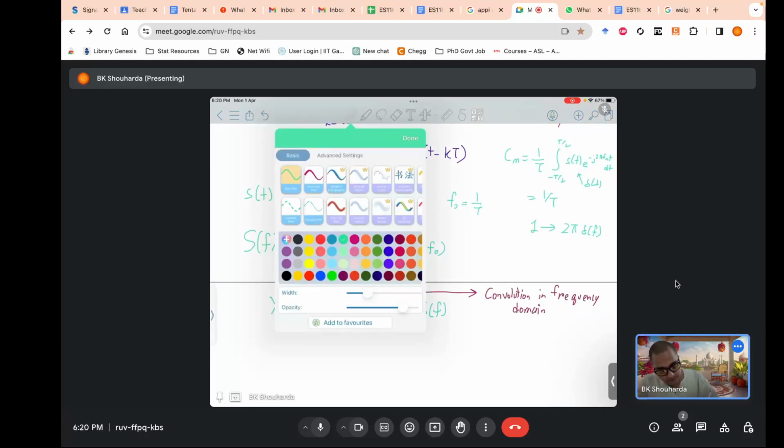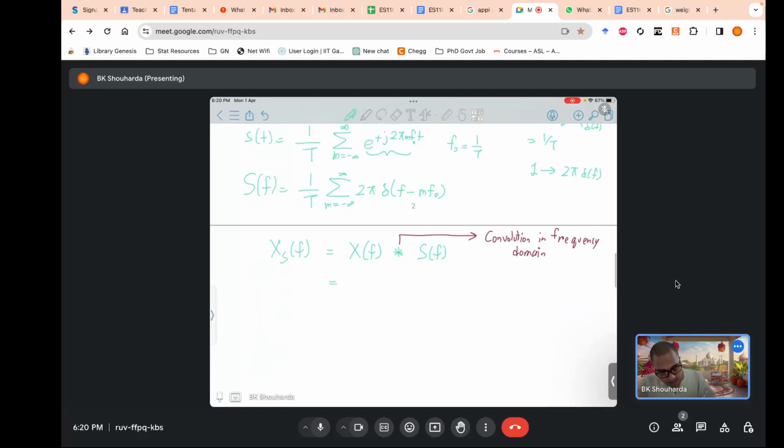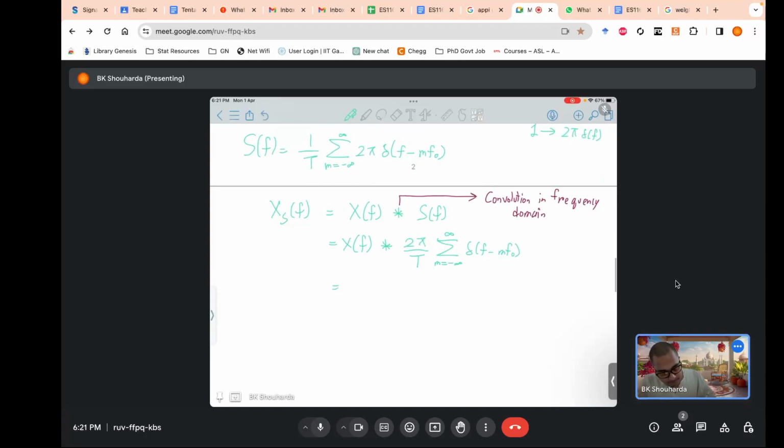Okay, so we have x of f being convolved with 2 pi upon T summation m equals minus infinity to infinity delta of f minus m f naught. This comes out as 2 pi upon T, m equals minus infinity to infinity, x of f convolved with delta of f minus m f naught.